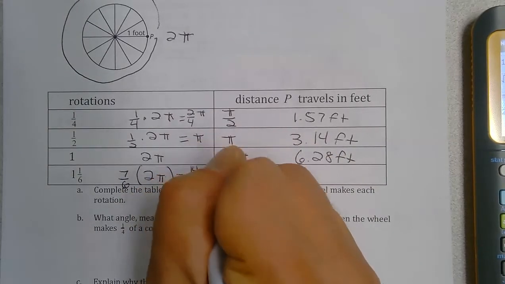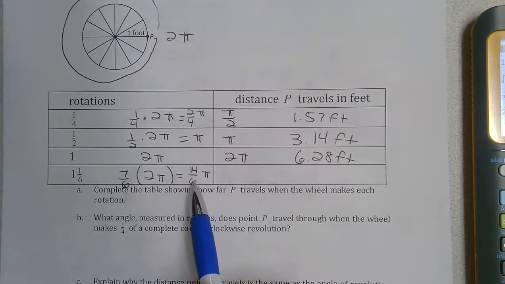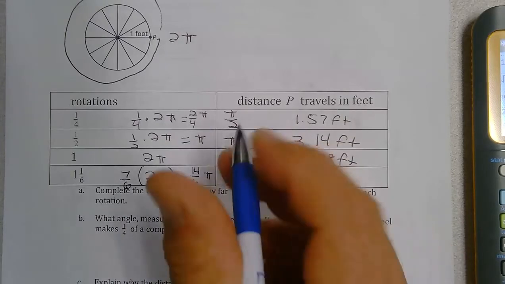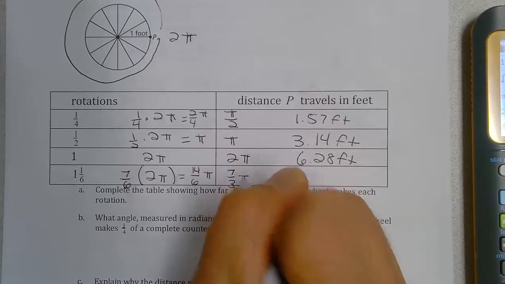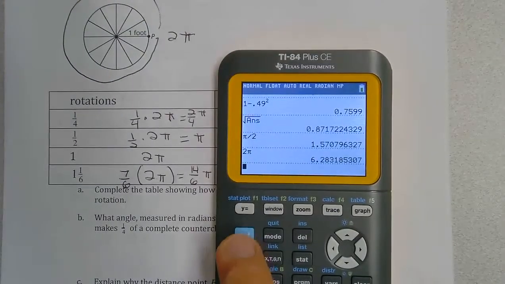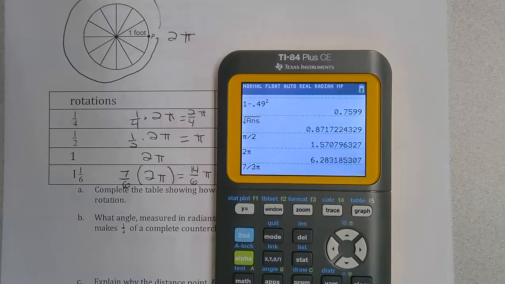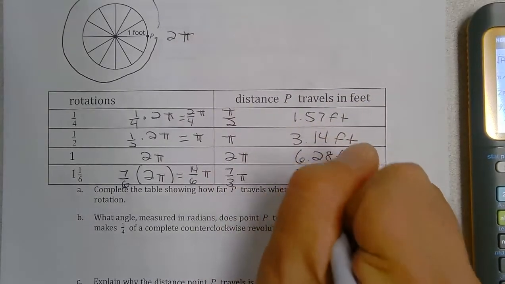So that would really be 14 over 6 pi, which you could reduce into 7/3 pi. So to reduce that, again, it's 7/3 pi. So 7 divided by 3 times pi is 7.33 feet.